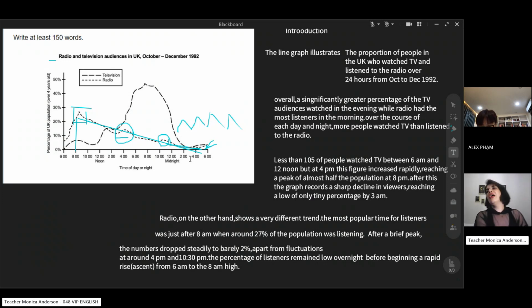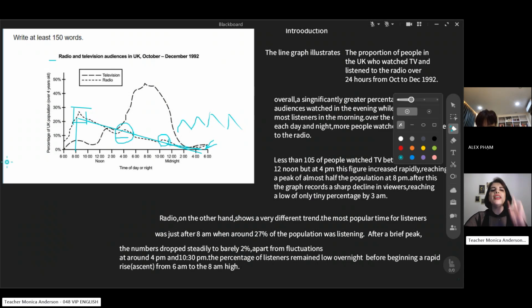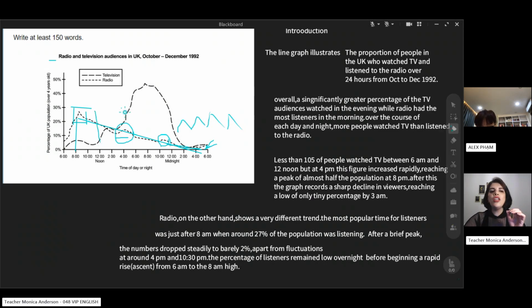Maybe the most common issue among IELTS candidates is that they think, okay, wow, I have 2 lines, I have 3 lines, so let's mention all details. No, just divide your lines into different parts.